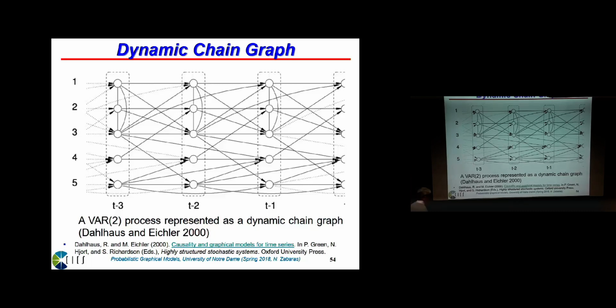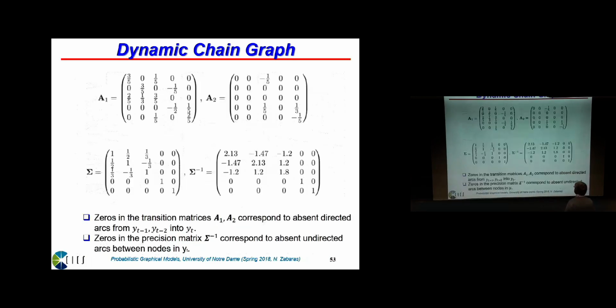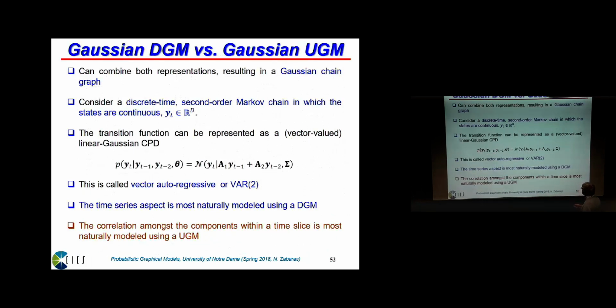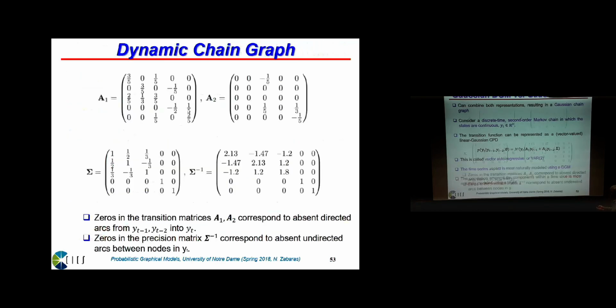All right? So basically, the structure in time looks like this. The probability of y_t given y_{t-1} and y_{t-2}. And so these matrices that you see here define the sparsity of the connections in time. Okay?